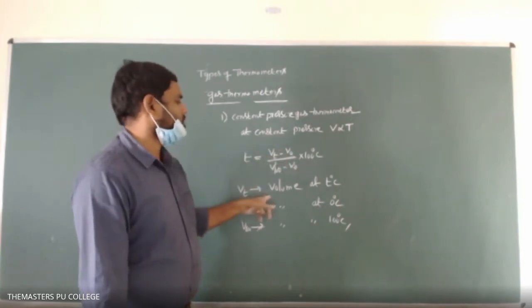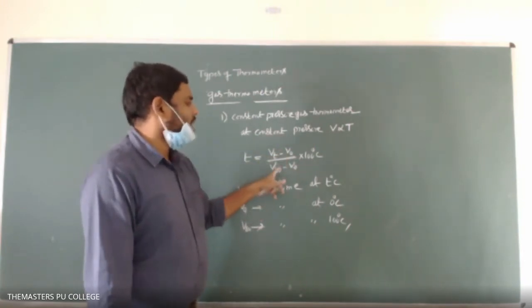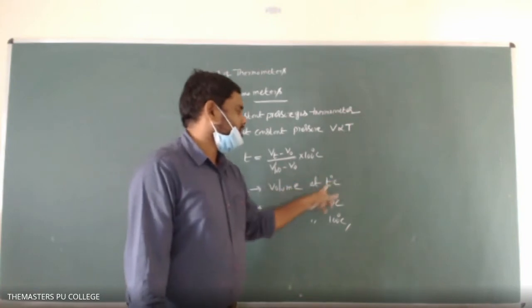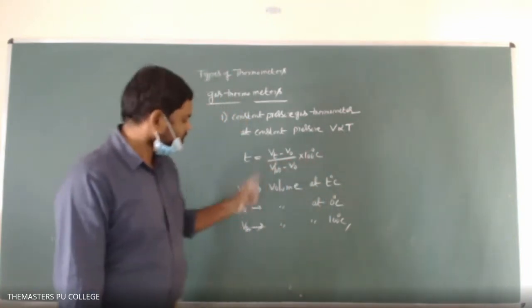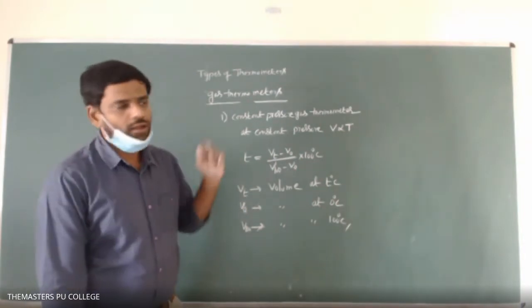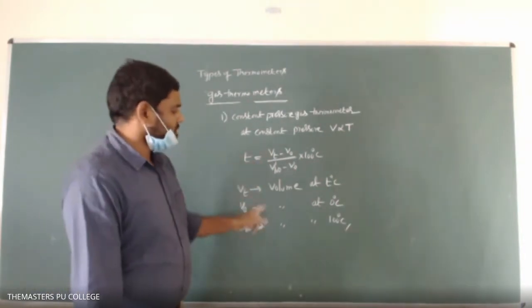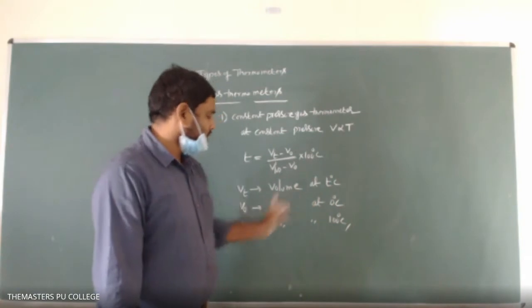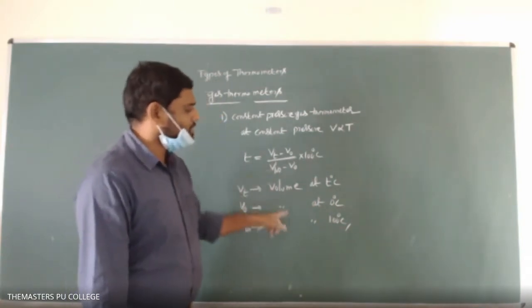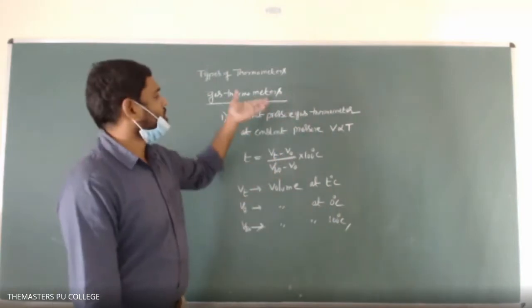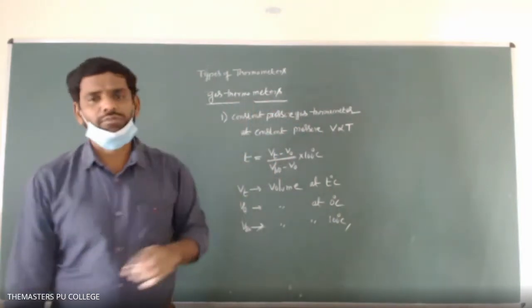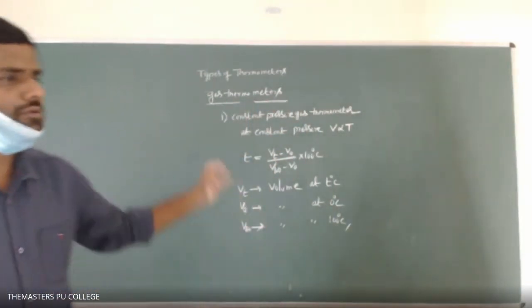Vt stands for the volume of the gas at T degrees centigrade, which we need to find. V0 stands for the volume of the same gas at 0 degrees centigrade, and V100 stands for the volume of the same gas at 100 degrees centigrade. So this is about the constant pressure gas thermometers. Note it down.